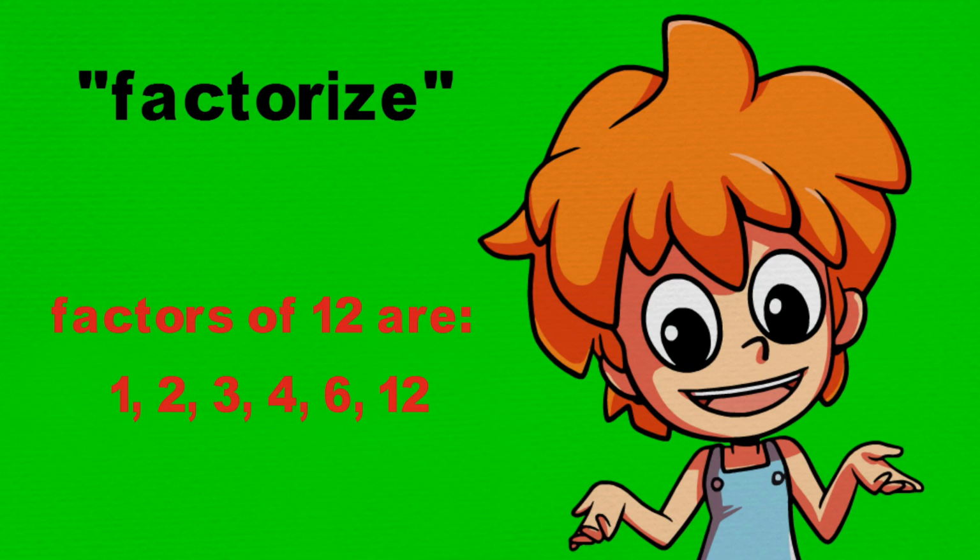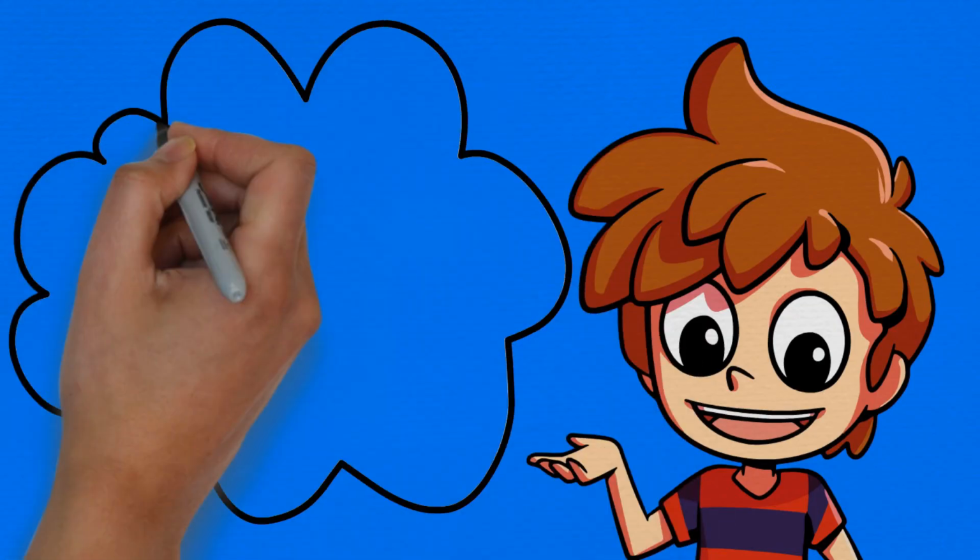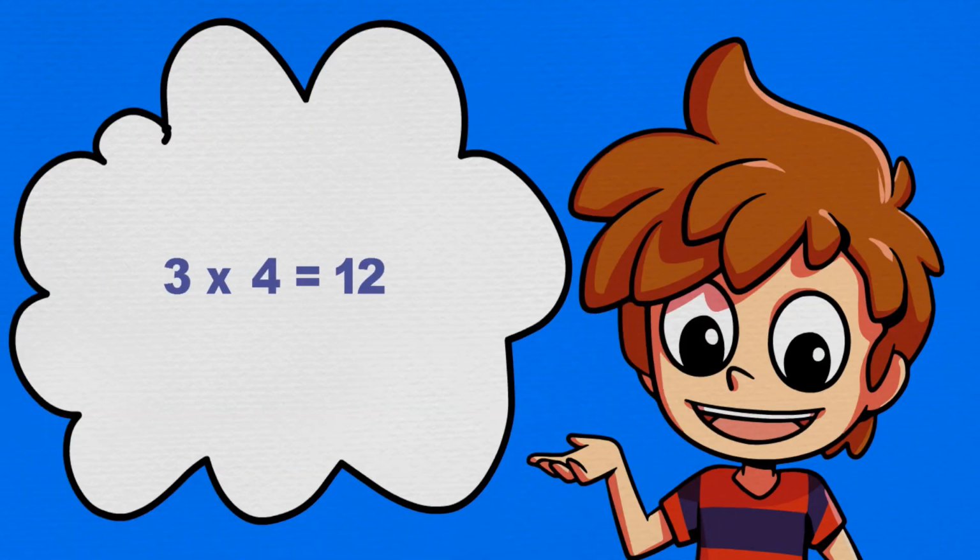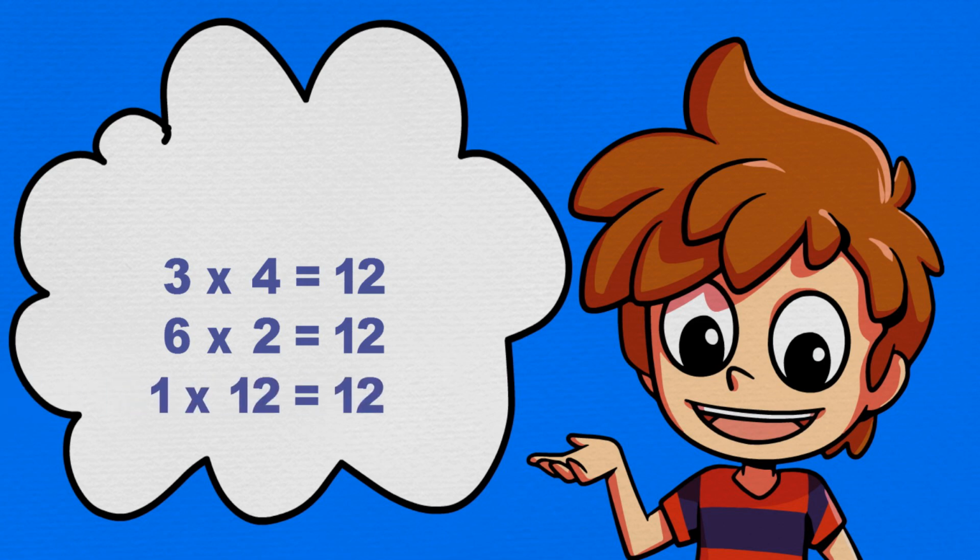"Yes, Min," added Max. "And if 3 times 4 equals 12, and 6 times 2 equals 12, and 1 times 12 equals 12, then we can also say 3 times 4 is the same as 2 times 6, which is the same as 1 times 12.